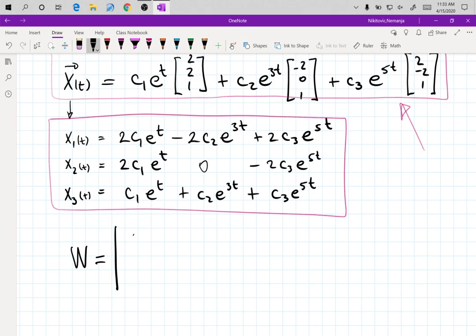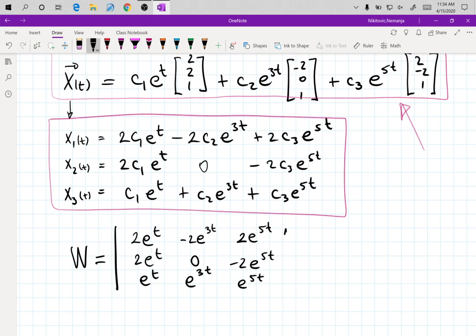So 2e to the t, and then 2e to the t, and then a single e to the t. Then we have negative 2e to the 3t, a 0, and e to the 3t, then 2e to the 5t, negative 2e to the 5t, and e to the 5t.